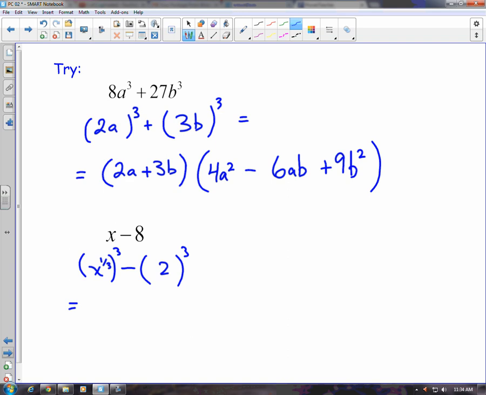And so now that it is a difference of cubes, we have two factors. One's a binomial and one's a trinomial. The first one is the cube root, which is x to the 1/3 with the same sign, and the other cube root.